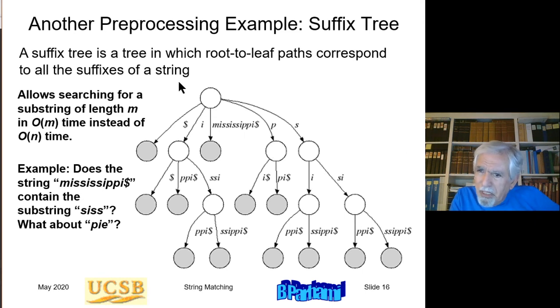Okay, so I do some initial work to construct this suffix tree. But then whatever string I want to search for is very quick. In the worst case, I have to take as many steps as there are letters in the string that I'm searching for.